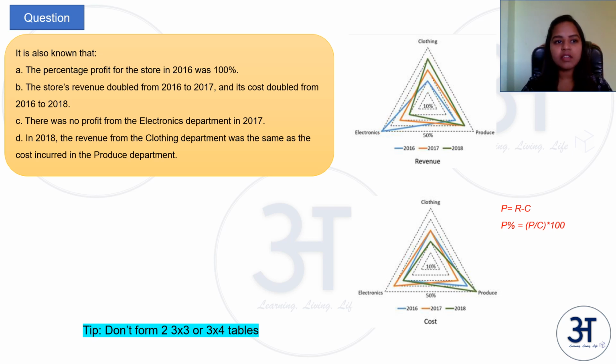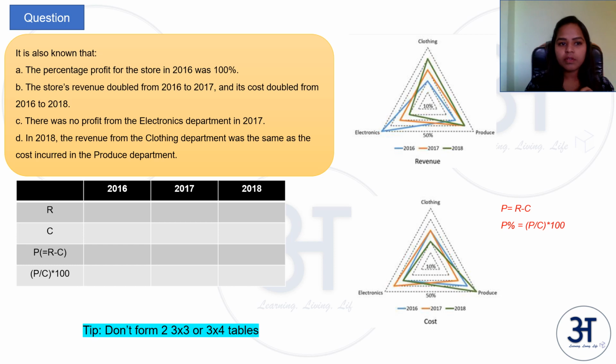Let us first look at the point: the percentage of profit for the store in 2016 was 100%. So we are looking at overall percentage here. I will draw only this table where there is revenue, cost and profit percentage overall for 2016, 17 and 18. Let's start filling this table.